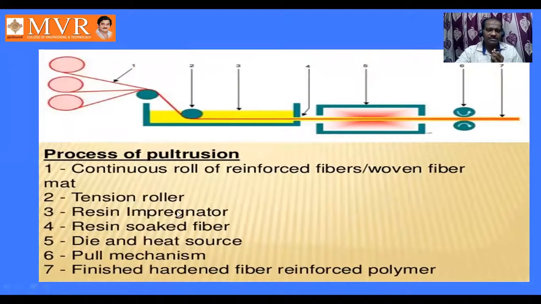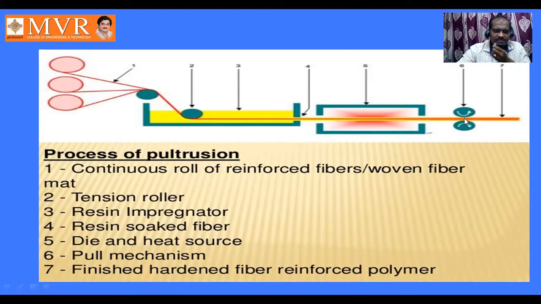So this is also the same type of setup. For a clear understanding, the first one is called a continuous roll of reinforcement. Second is a tension roller. Third is the resin impregnator. Fourth is the resin soaked fiber. Fifth is the die and heater source, where we correct this.